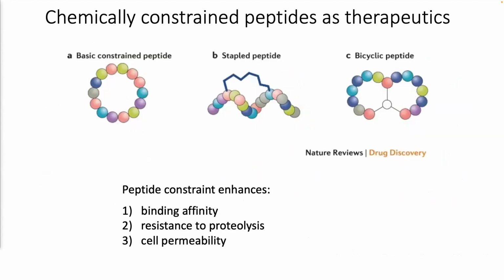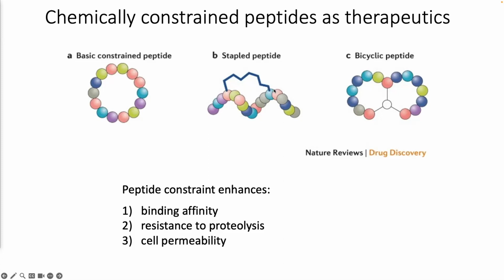And the approach that we used was constrained peptides. So this involves locking a peptide in its bioactive binding competent conformation. And this can be done in a variety of ways, either by cyclizing the peptide or indeed making bicycle peptides, and also by stapling the peptide. So this is using chemical cross-linkers.